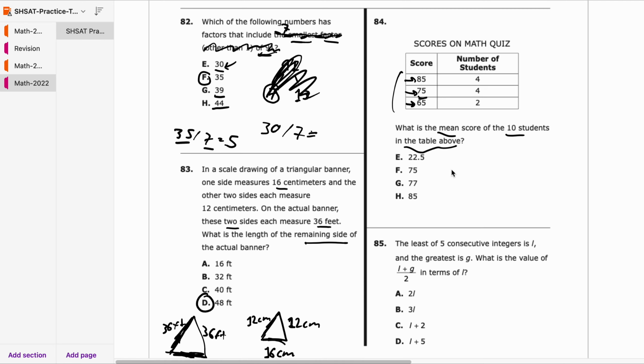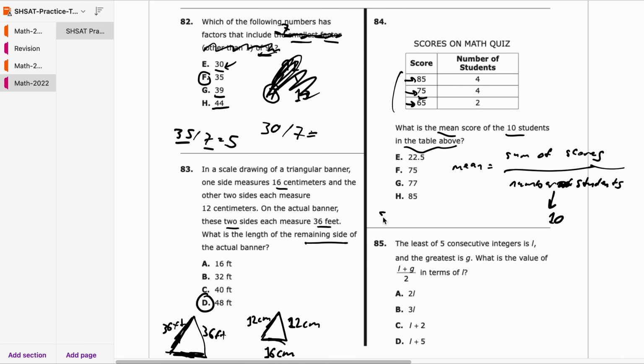So the mean is going to be the sum of scores over the number of students. So we know that the number of students is just 10.